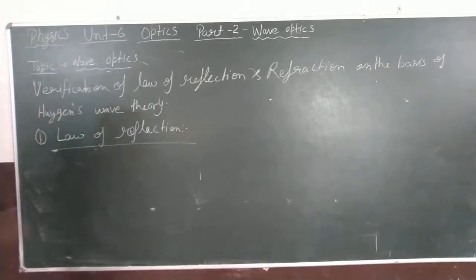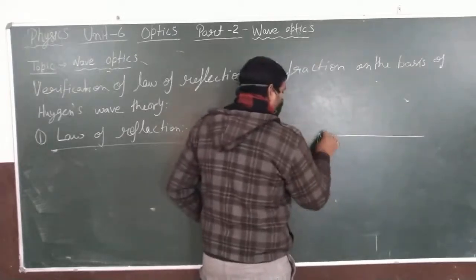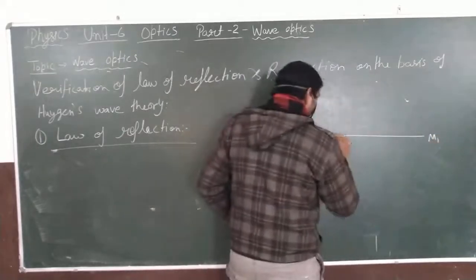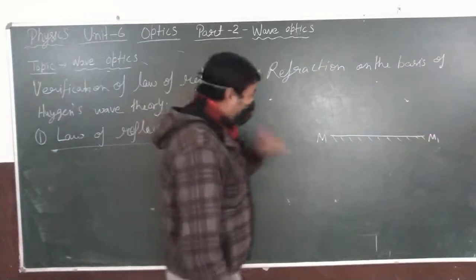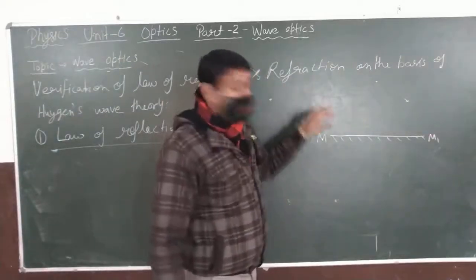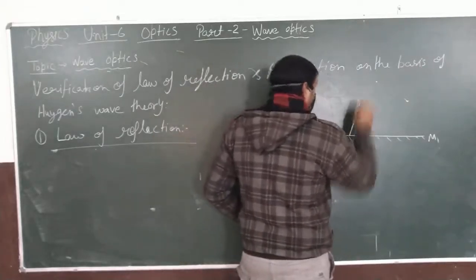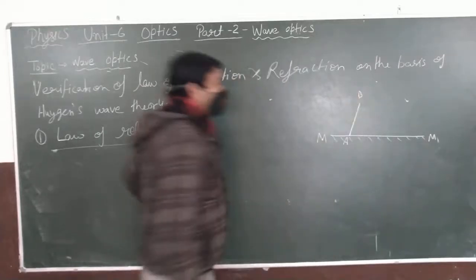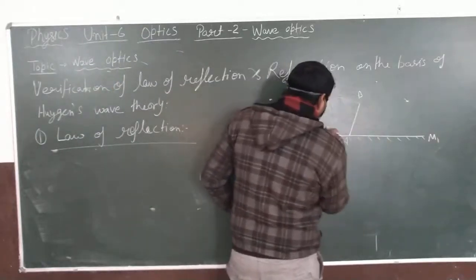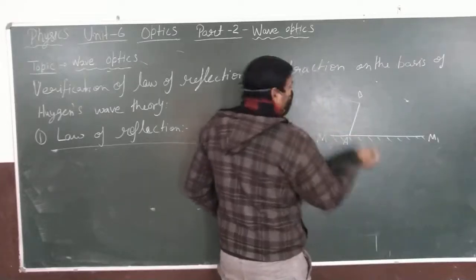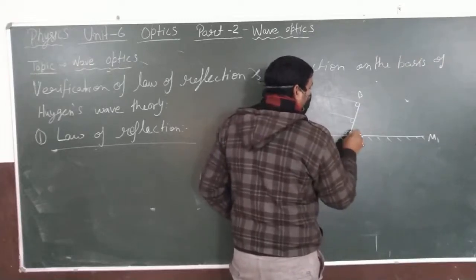Okay, now suppose we have a plane mirror M, and wavefront AB incident on the plane mirror at point A. This is the primary wavefront, all of whose rays are at 90 degrees at the initial point.